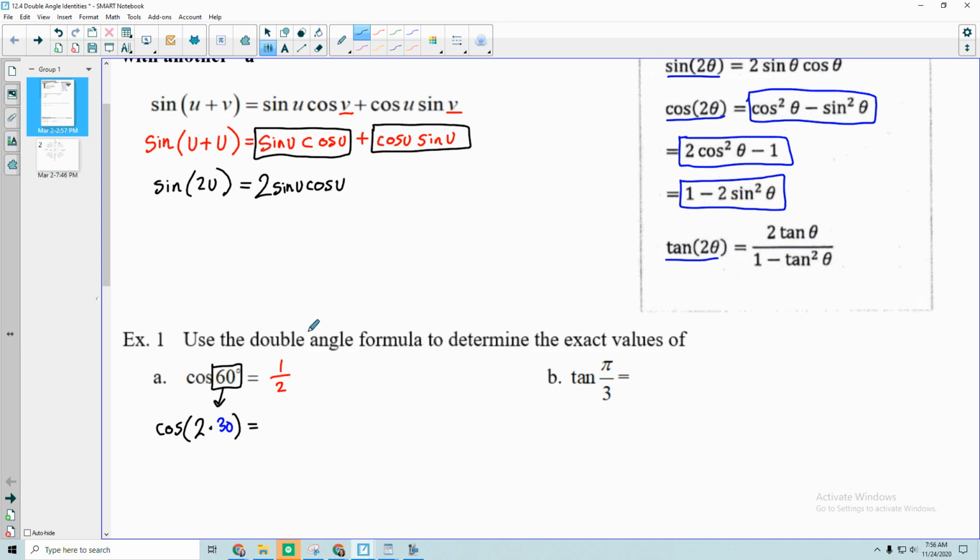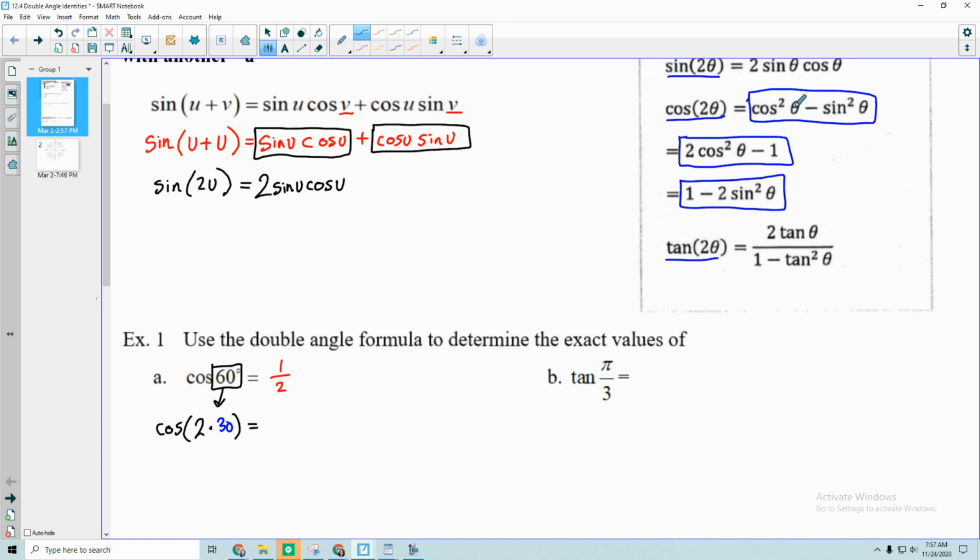So that's how I could rewrite that 60-degree angle to be a double angle. All right, so then I'm going to go through and everywhere that I see this theta, this placeholder, and just to clarify, I used a different placeholder than they're using. It doesn't really matter. They used theta for the angle, and we used U over here, but there's not a difference. It's just a different notation, or different placeholder.